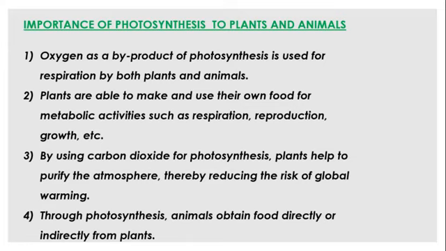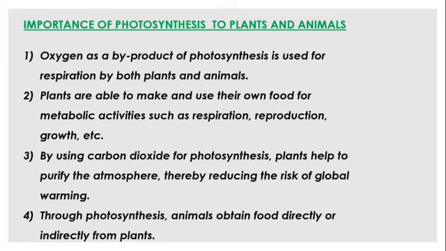Now, indirectly in the sense that they feed on animals that feed directly on plants. So a lion does not eat plants directly. It does so by eating an antelope that eats the plants.